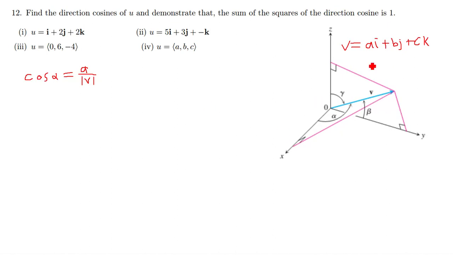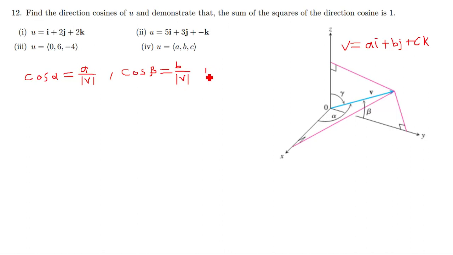So the first direction cosine that we have is cos alpha is equal to a over the magnitude of v. The second one will be cos beta is equal to b over the magnitude of v.